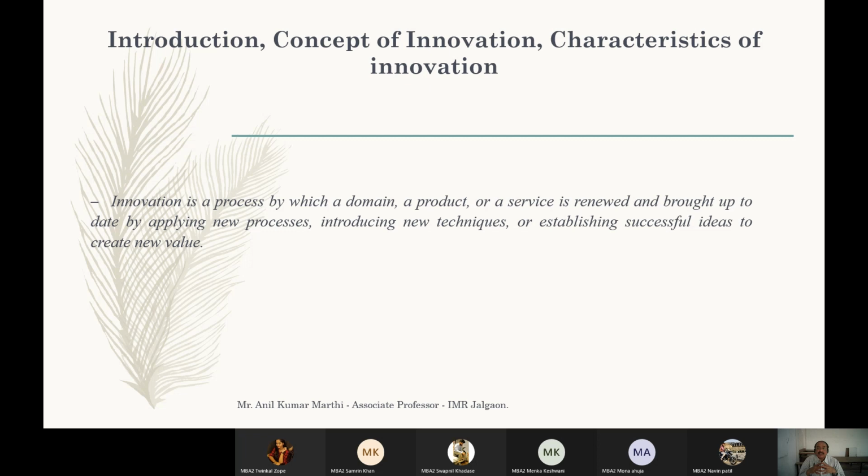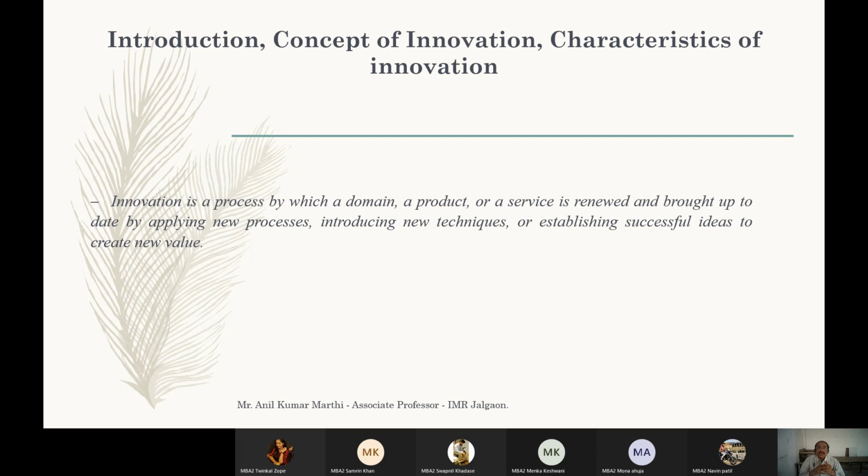If you look at this particular definition, innovation is a process by which a domain, here domain pertains to a particular field of activity like finance, marketing, production, general management, manufacturing. These are the domains.